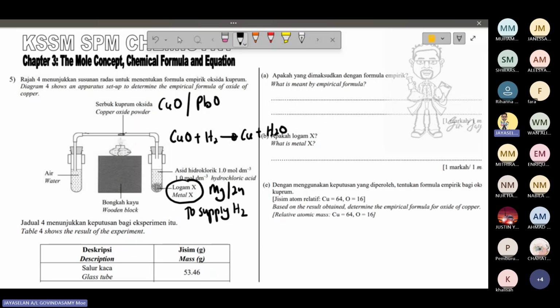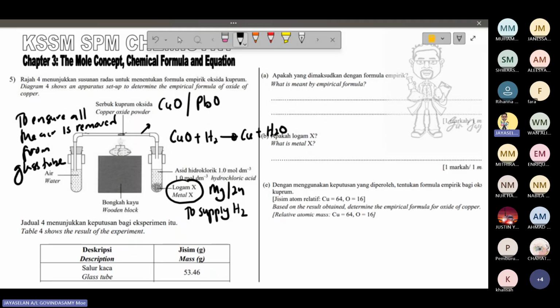You have to wait for several minutes, then only heat it, to ensure all the air is removed from the glass tube. You tulis macam ni pun sudah dapat markah. Any question?